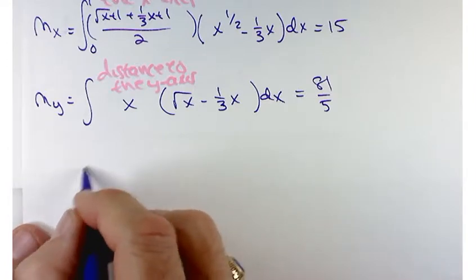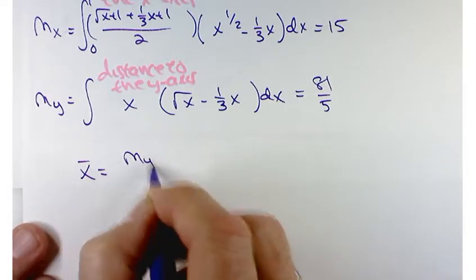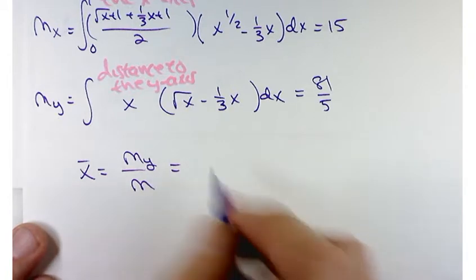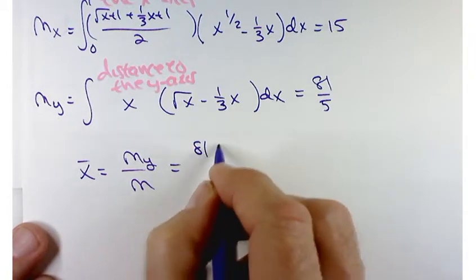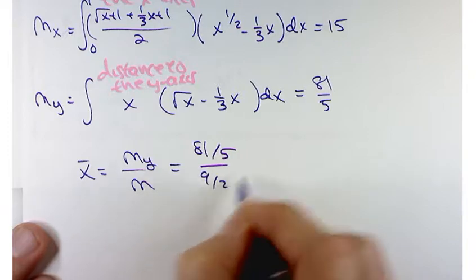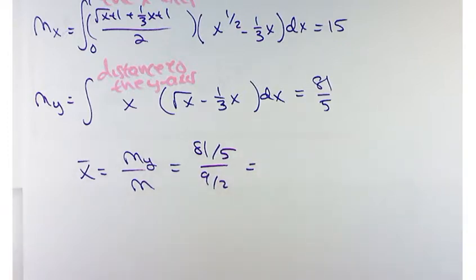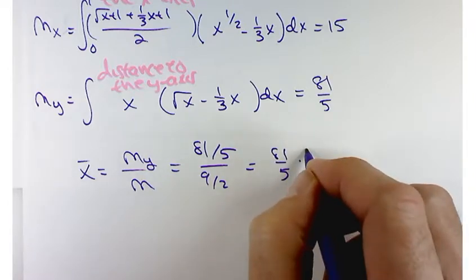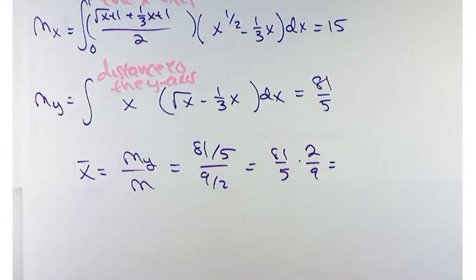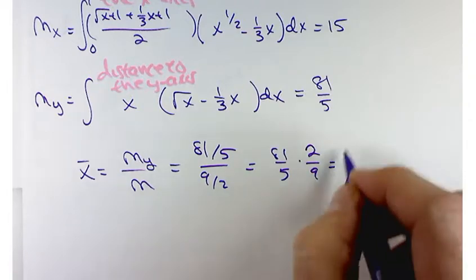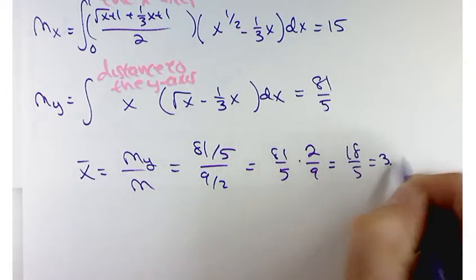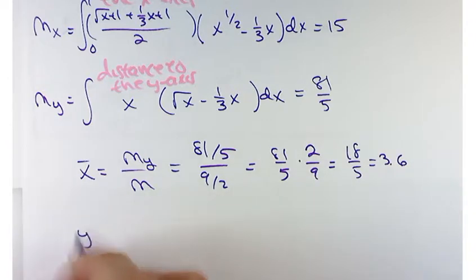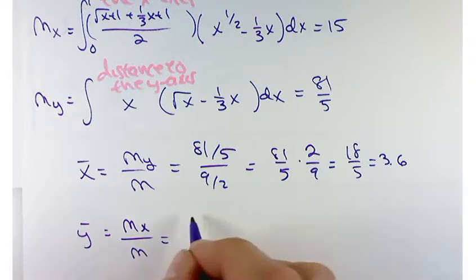So for our center of mass, remember x bar is going to be my over m. So that's going to be 81 over 5 divided by 9 halves. Invert and multiply. So 81 over 5 times 2 over 9. So 18 over 5, or about 3.6. For y bar, it's going to be m sub x, moment around the x-axis, divided by m.